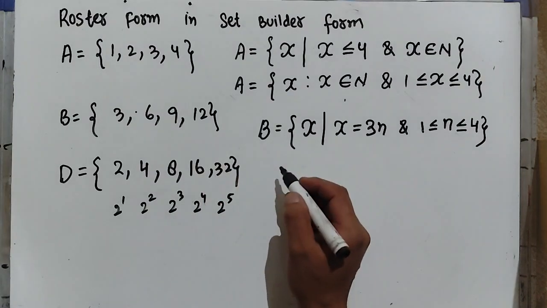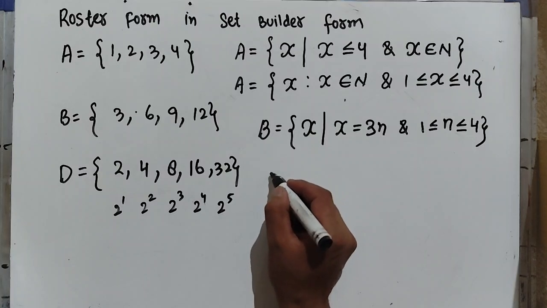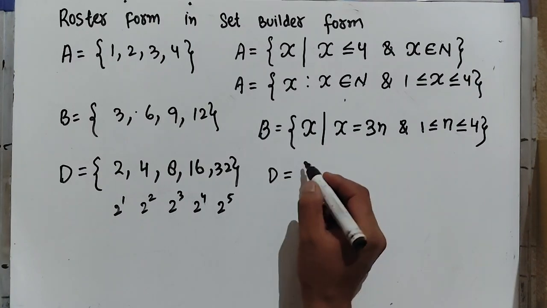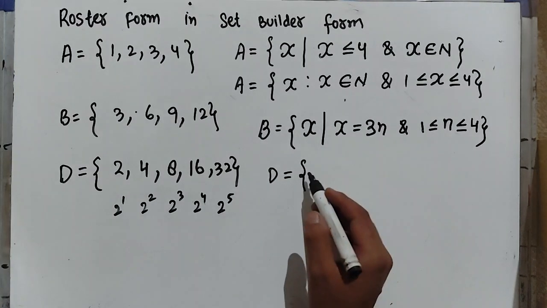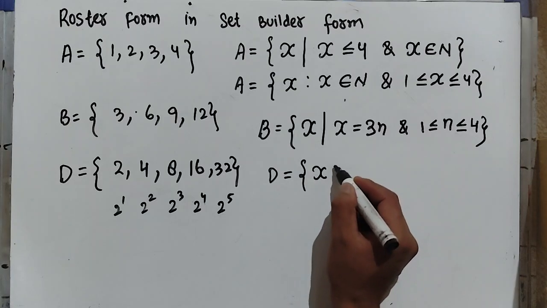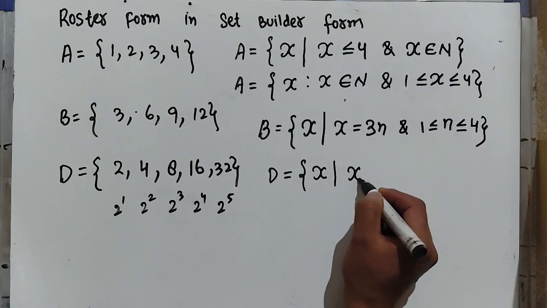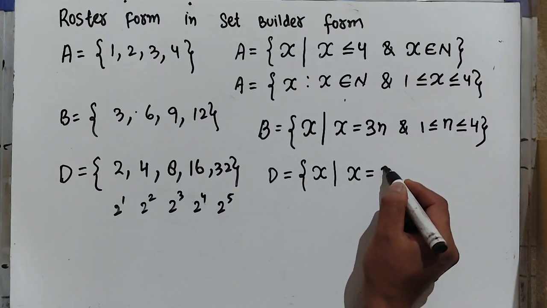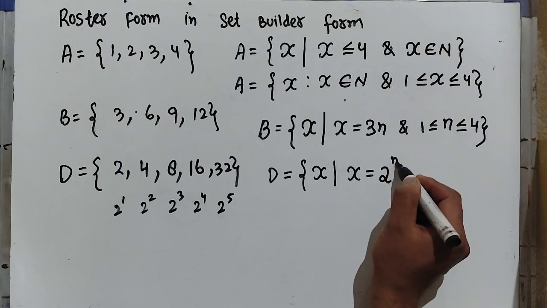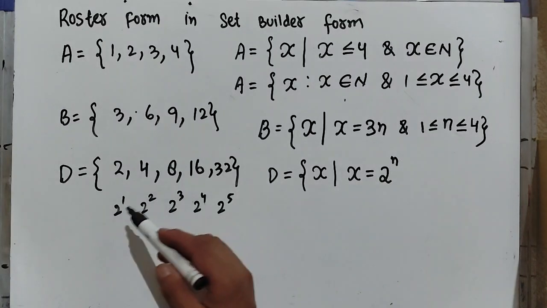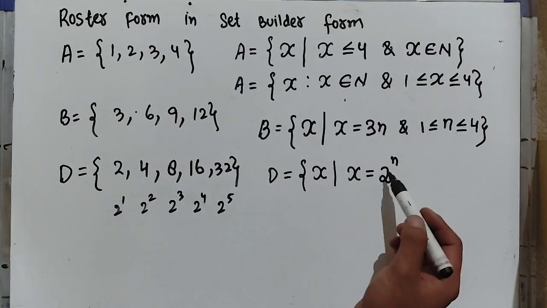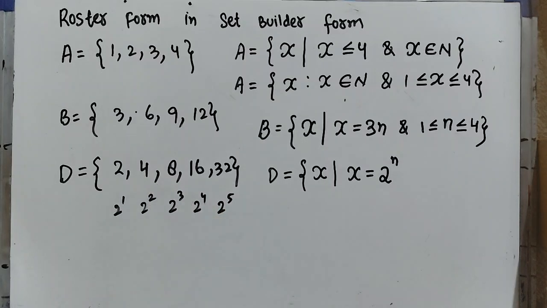So can we write it like this? D is the set of all x's such that x is equal to 2 raised to power n. So when n is equal to 1, we will get 2. When n is equal to 2, we will get 2 squared, which is 4.